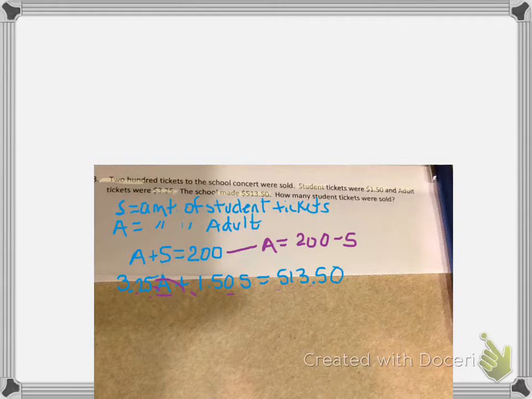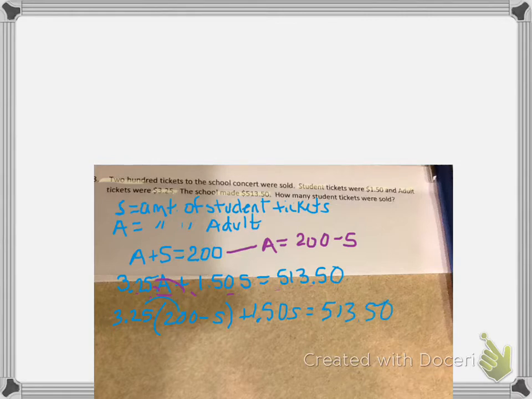So I'm going to go ahead and plug this in again. So I have 325 times this 200 minus S plus 150 S equals the 513.50.